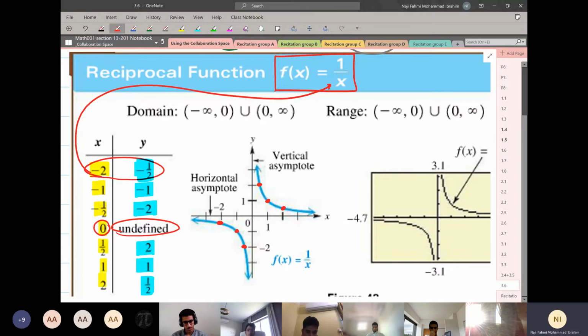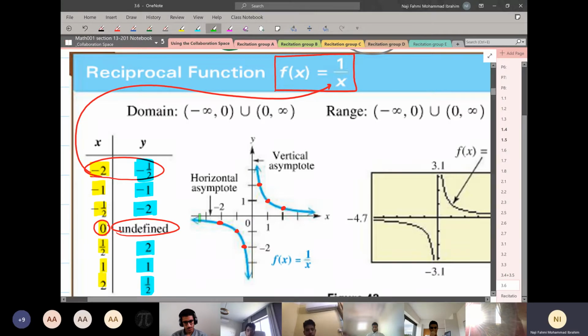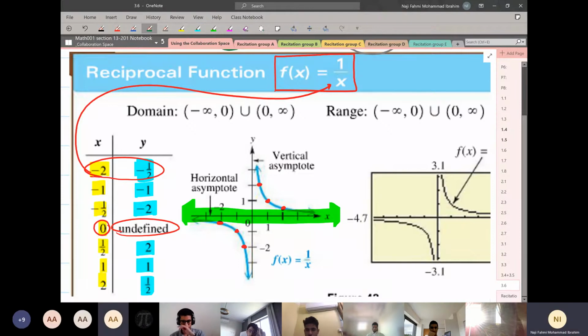Now let's look at this green line. Is it horizontal or vertical? Horizontal. Now look at the curve. Is the curve intersecting this horizontal line?